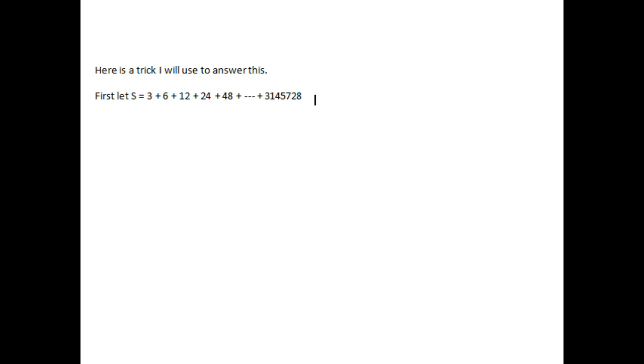So to start us off, we're going to let S stand for the sum of the sequence we're interested in: 3 plus 6 plus 12, etc., plus 3,145,728. Then I'm going to take every number in this series, because I'm adding them, and multiply it by the common ratio. In this particular case, the common ratio is 2.